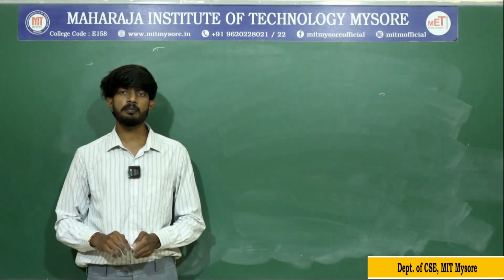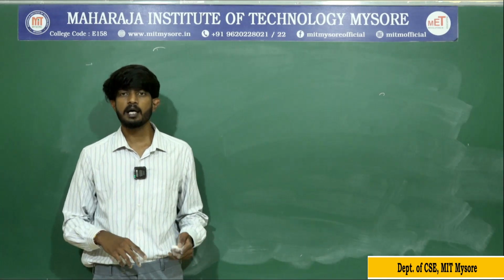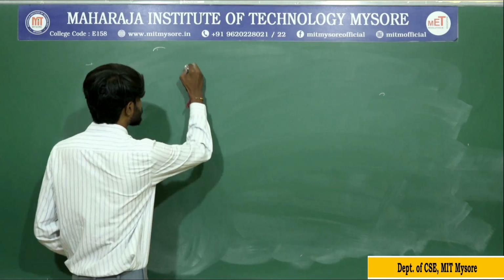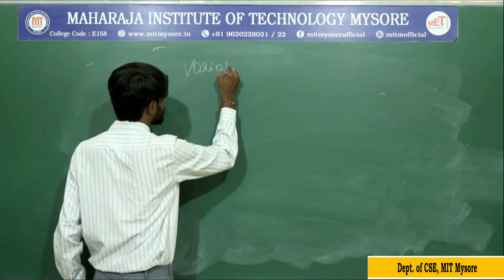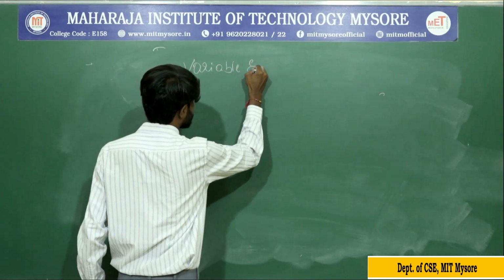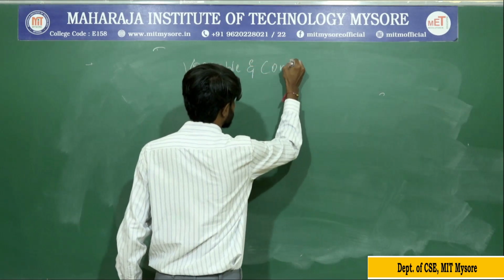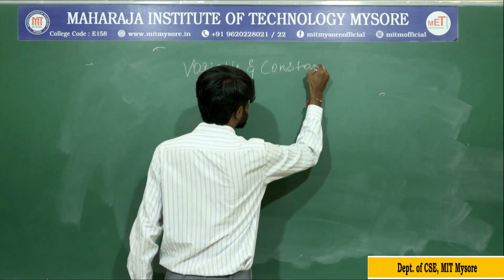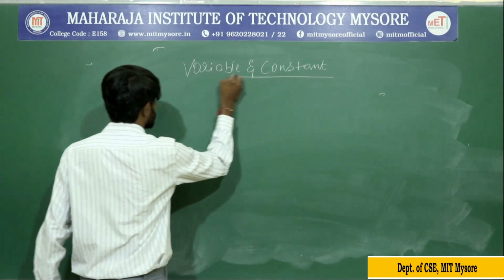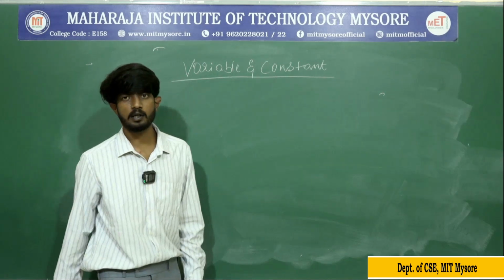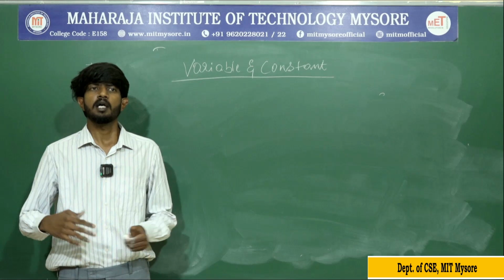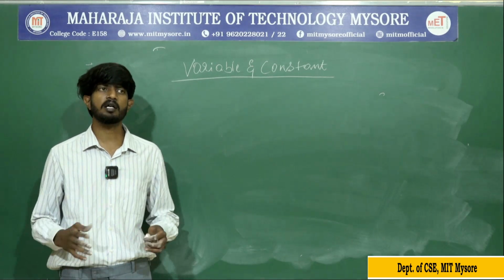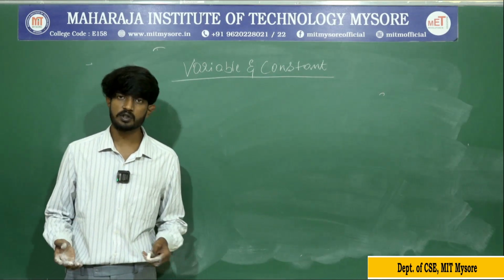So the next concept is variables and constants. A variable is used to store the data of a user. It's a temporary storage.